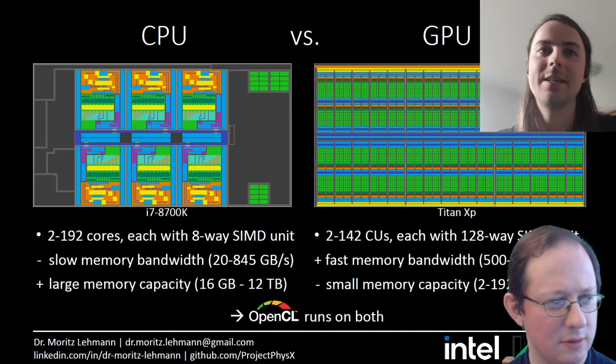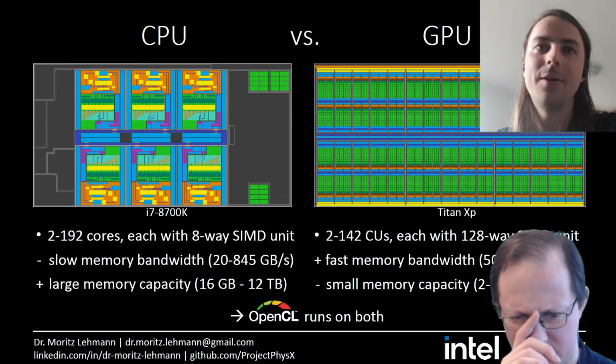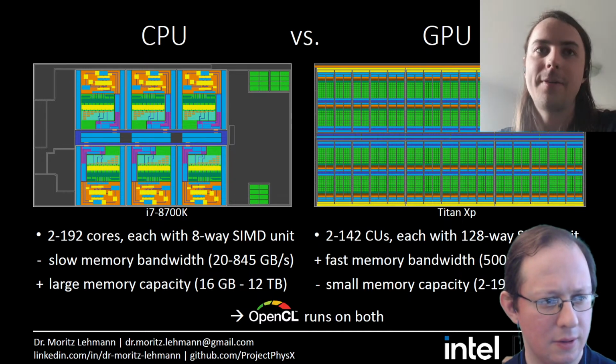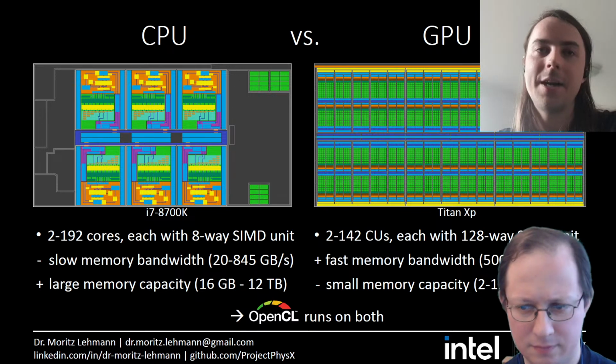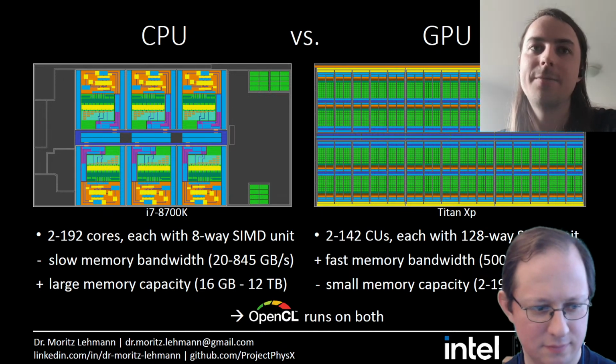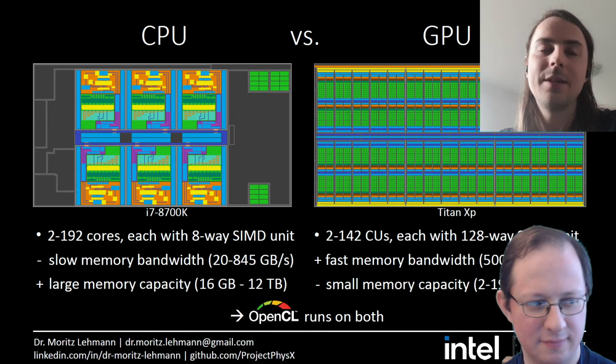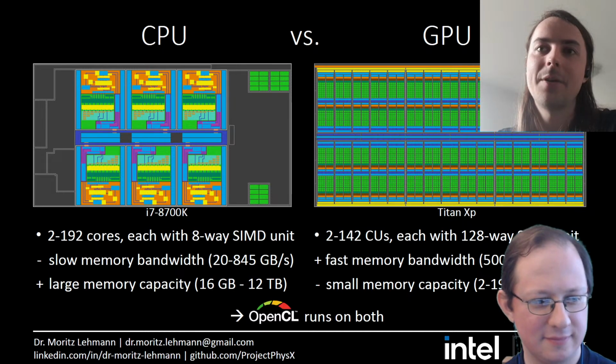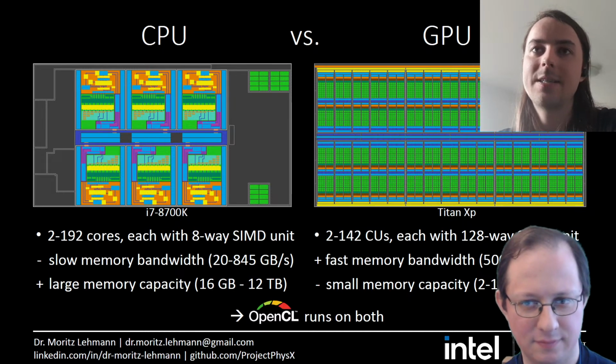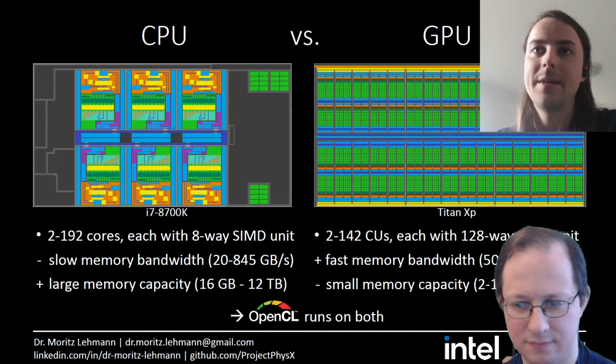On the CPU, you get fewer very big cores that have a lot of functionality built in, and a very large instruction set and acceleration for all sorts of instructions. And on the GPU, the cores are a lot simpler.